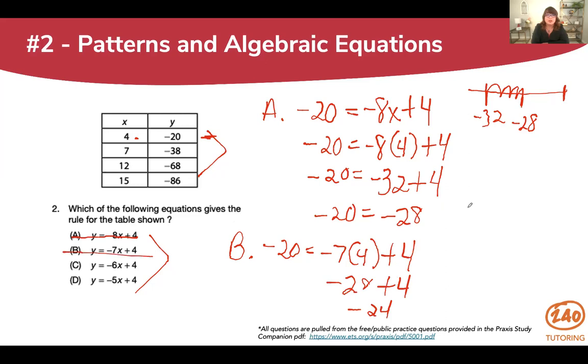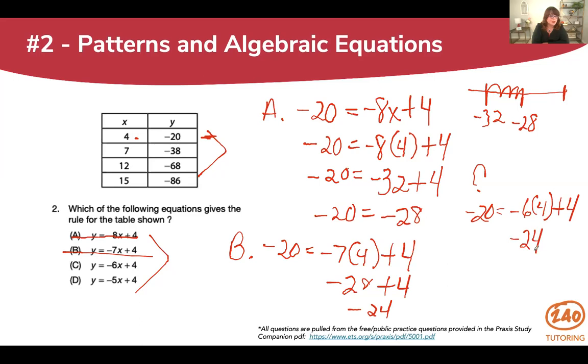And when we plug in for C, we're going to get negative 20 equals negative 6 times our x, which is still 4 for that top row, plus 4. Some of you are already doing this pretty quickly, and you know 6 times 4 is 24.